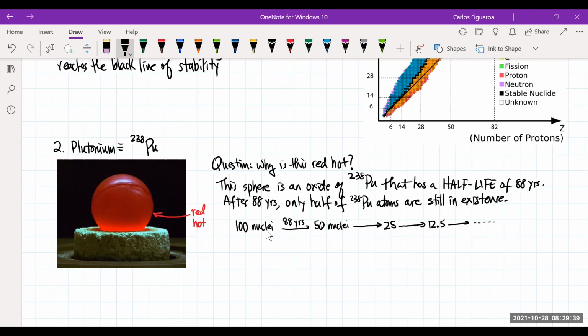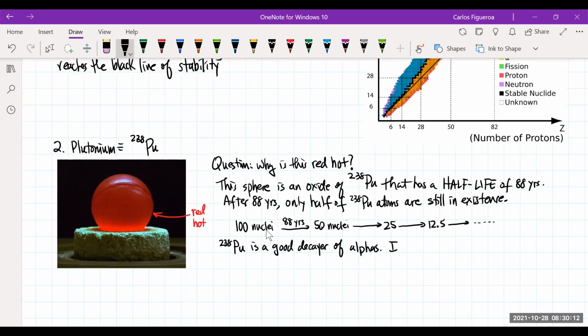So the question is, why is this thing red hot? So 238 plutonium is a good decayer. I don't think that's the way you spell decayer. I don't know. Yeah, I think it is. Decayer of alpha particles, or of alphas.